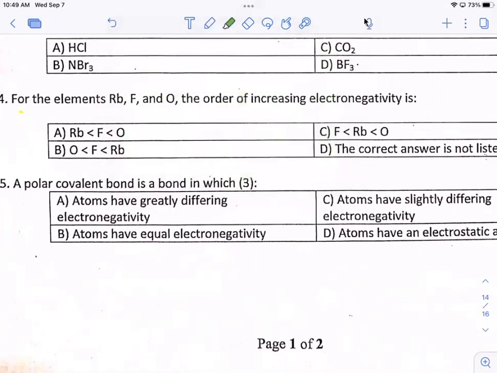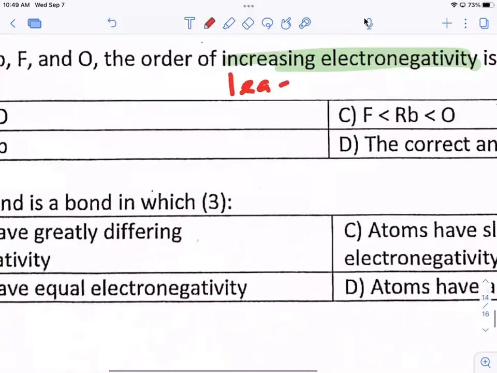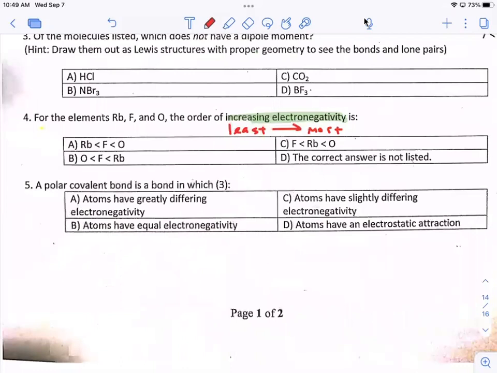So that's from least to most. Rubidium is a metal. Anytime that's the case, 99% of the time, rubidium is going to be the least electronegative. Metals have very low electronegativity. They give away electrons like candy.